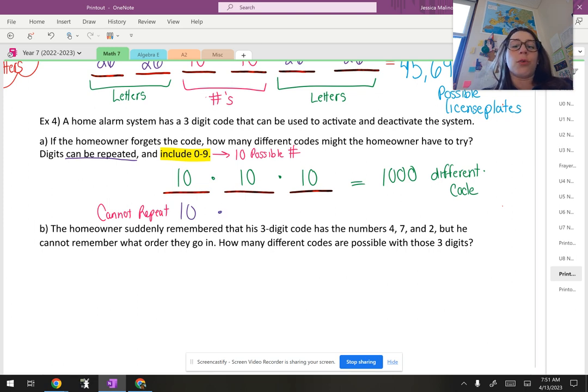So now you no longer have 10 possible choices, you have 9. After which, you then have one less possible choice because, again, you cannot repeat that same digit, so that just lowers the possible number of choices. And again, you would just multiply and get what you need. So keep that in mind for your practice problems.